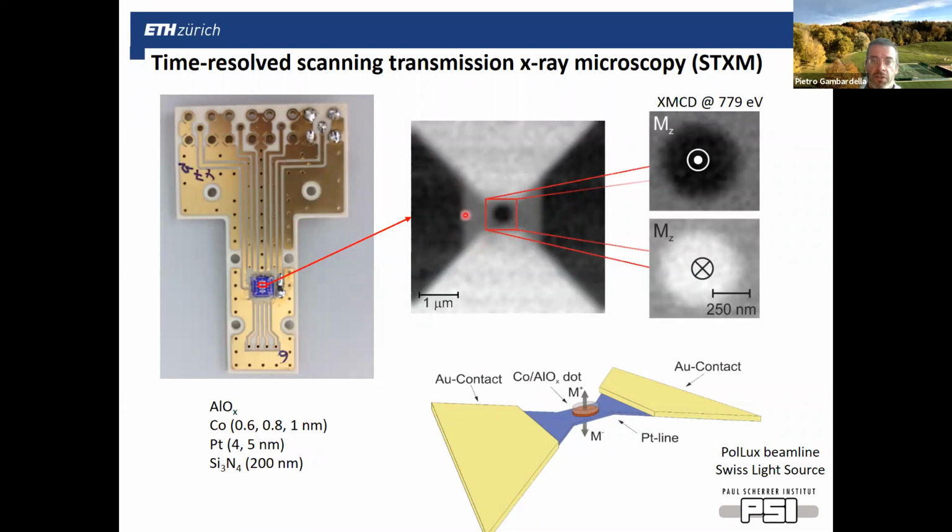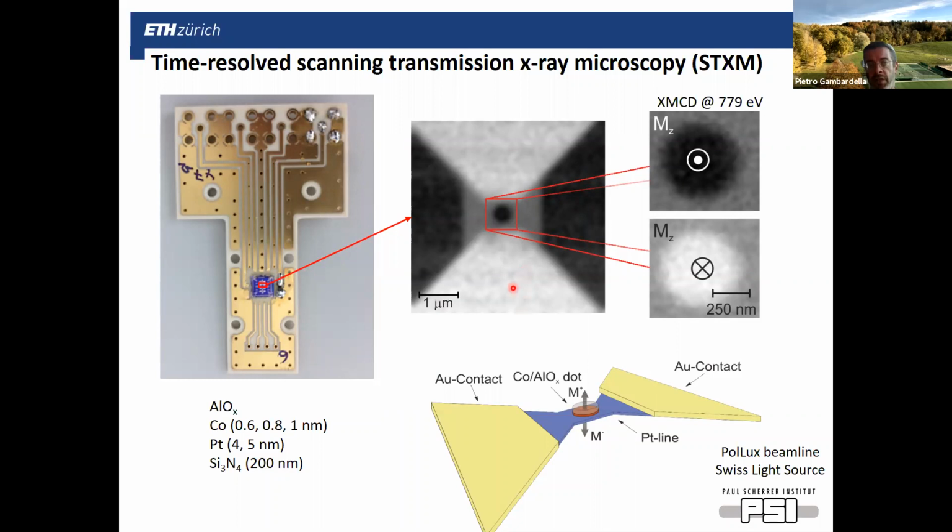And what you see, the large black areas here, these are the gold electrodes. So what we do is that we deposit this structure on a silicon nitride membrane, and we place it in a scanning transmission X-ray microscope, and we image the cobalt dot by tuning the X-ray energy to the cobalt absorption edge at the L3 edge.